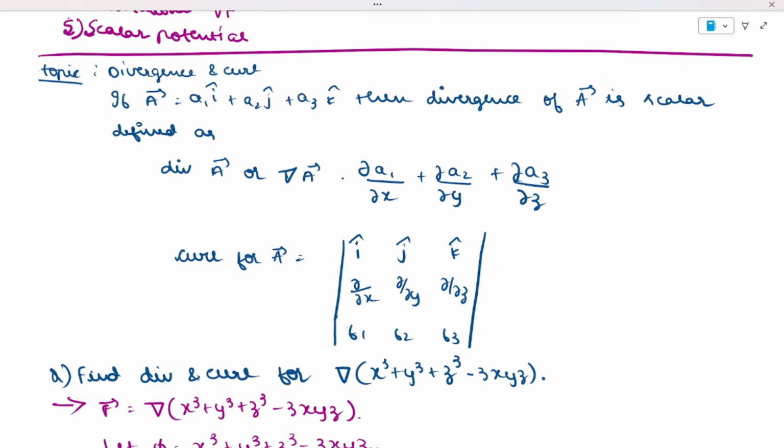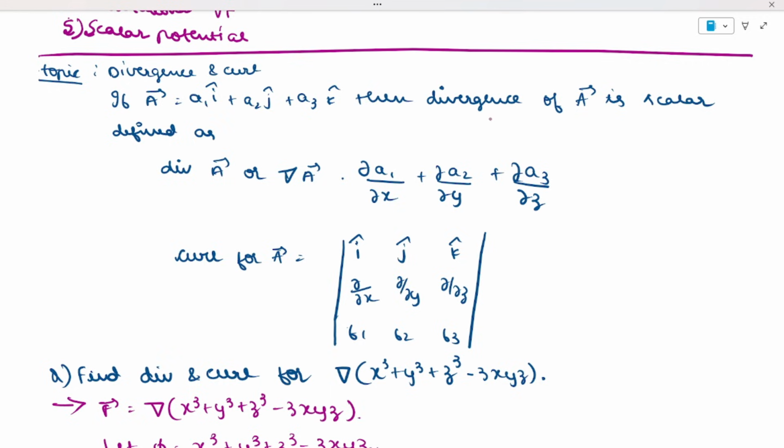First we will discuss divergence and curl. For example, if A bar is equal to a1 i cap, a2 j cap, and a3 k cap, as this is a vector, it will be in the form of i cap, j cap and k cap.